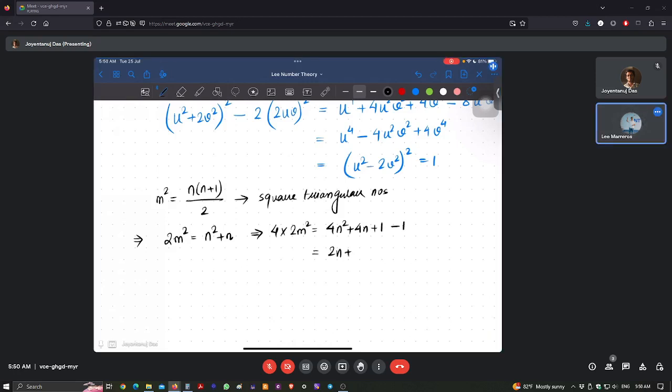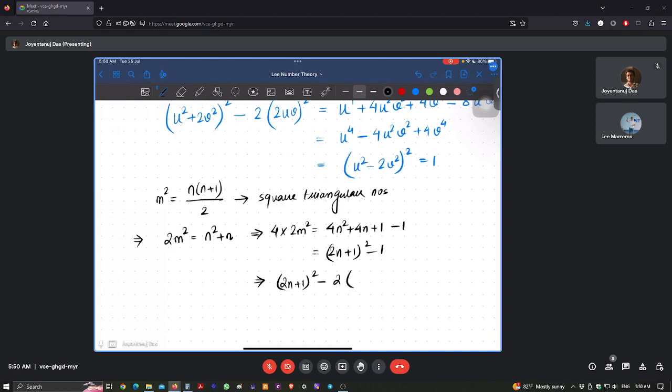So (2n plus 1) whole squared minus 1. So if I send that to the other side, I have (2n plus 1) whole squared minus 2 into (2m) squared equals 1, right?